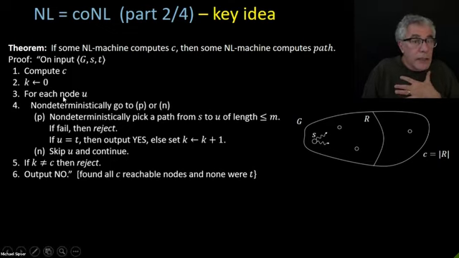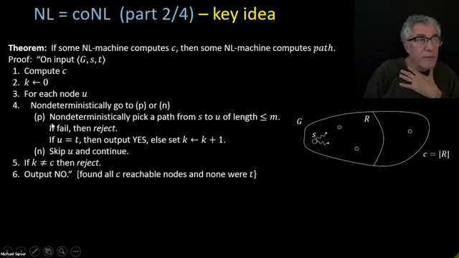What does step 4 mean? Step 4 means for each node, I'm guessing that the node either has a path to it from S or does not have a path to it from S.